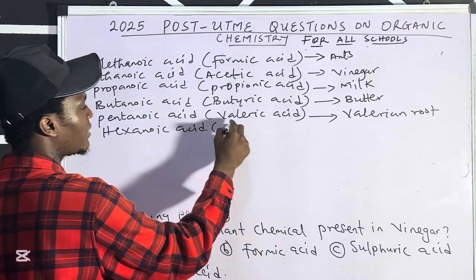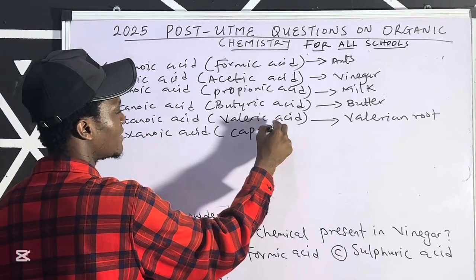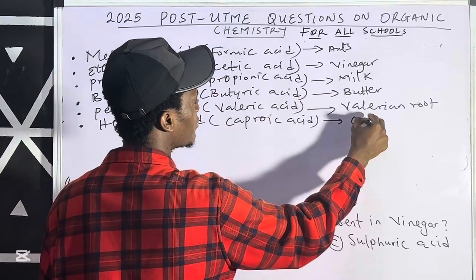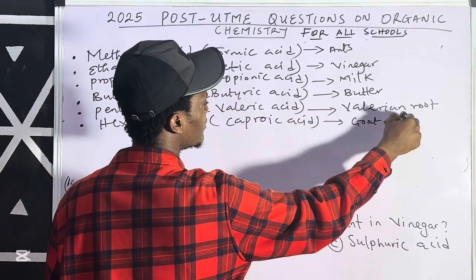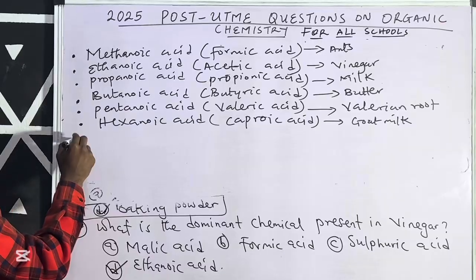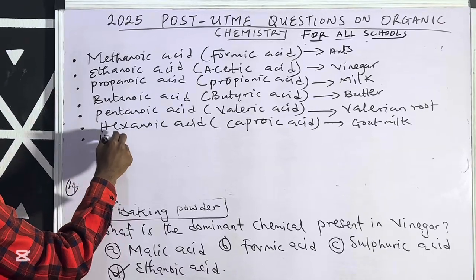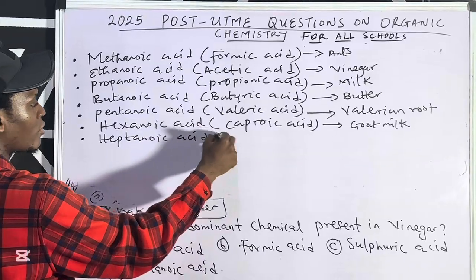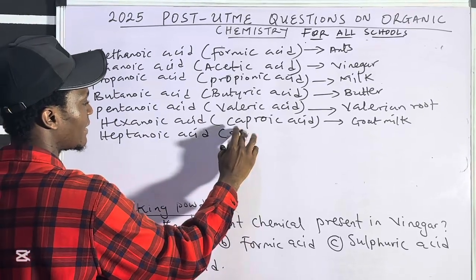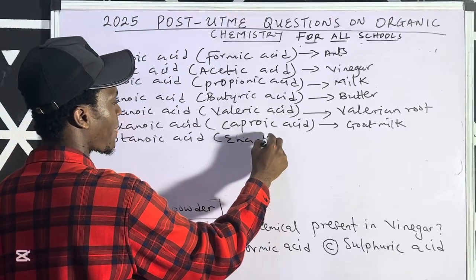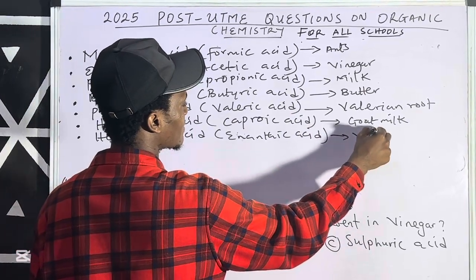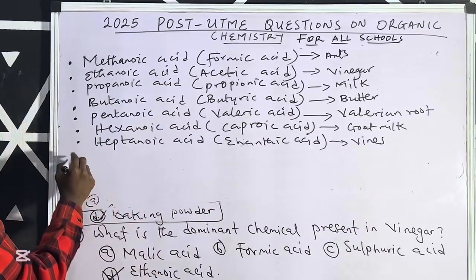This is commonly referred to as caproic acid, and it is present in the milk of goat, so goat milk. Then the next is heptanoic. Heptanoic acid is also called enanthic acid, and this acid is found in vines, which are also plants.